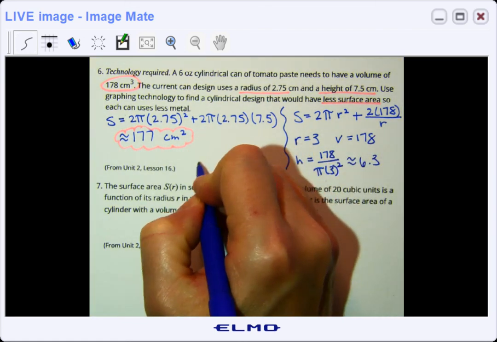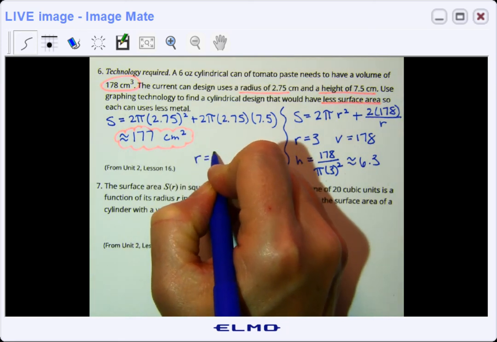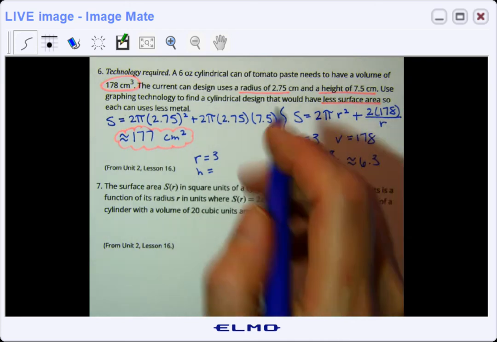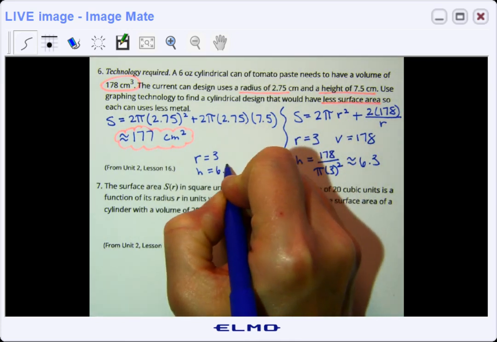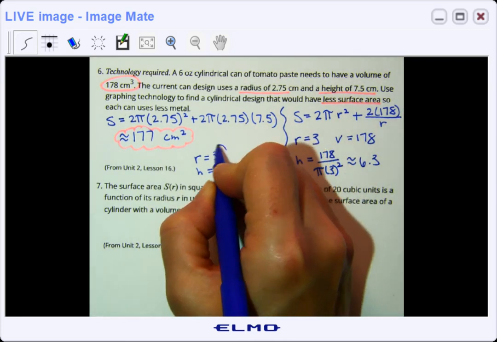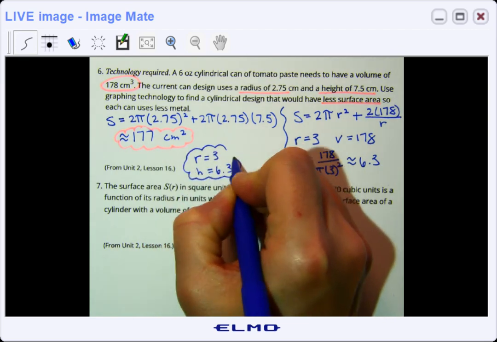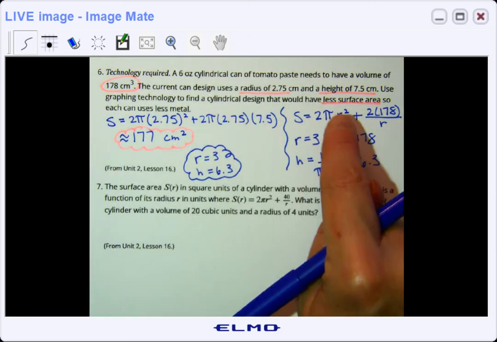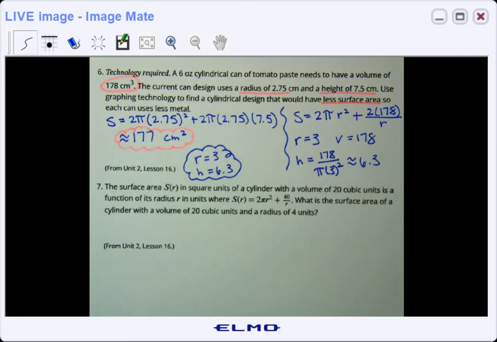So a radius of 3 and a height of about 6.3 are the dimensions of a can. It's one example that would have the same volume but less surface area.